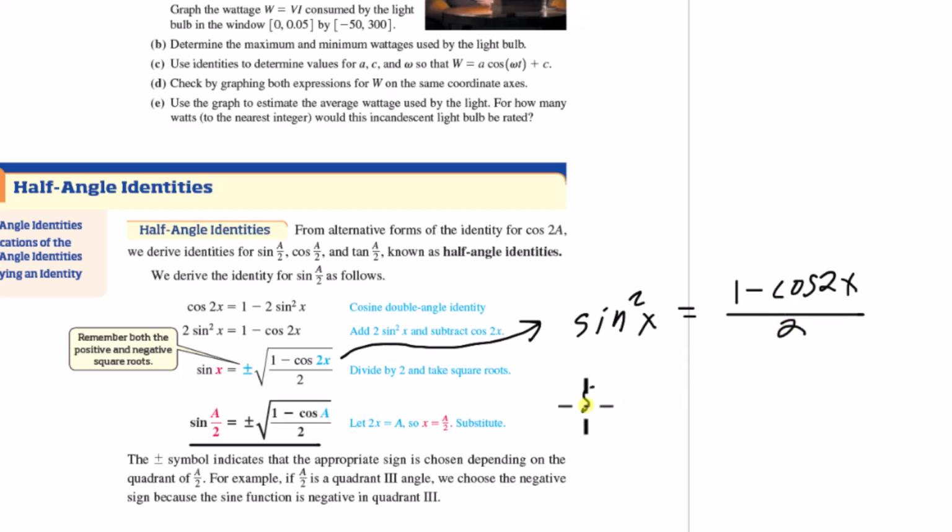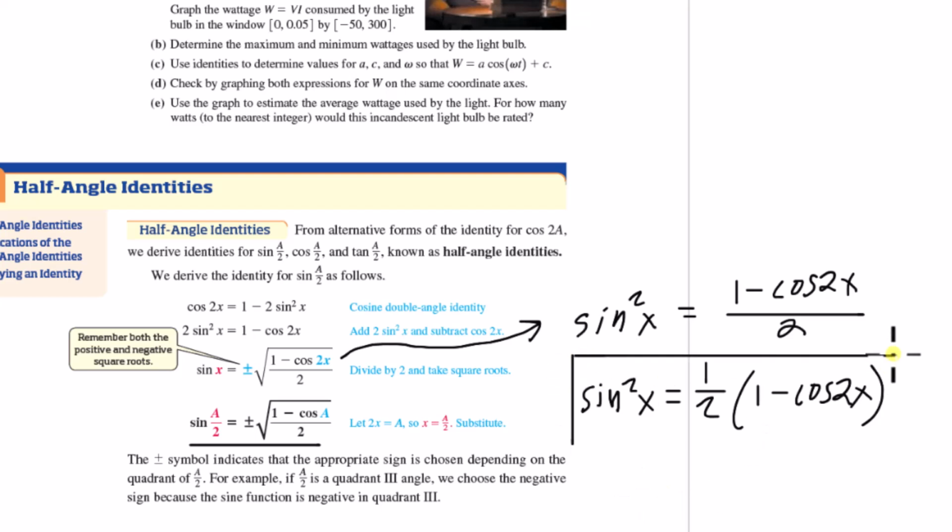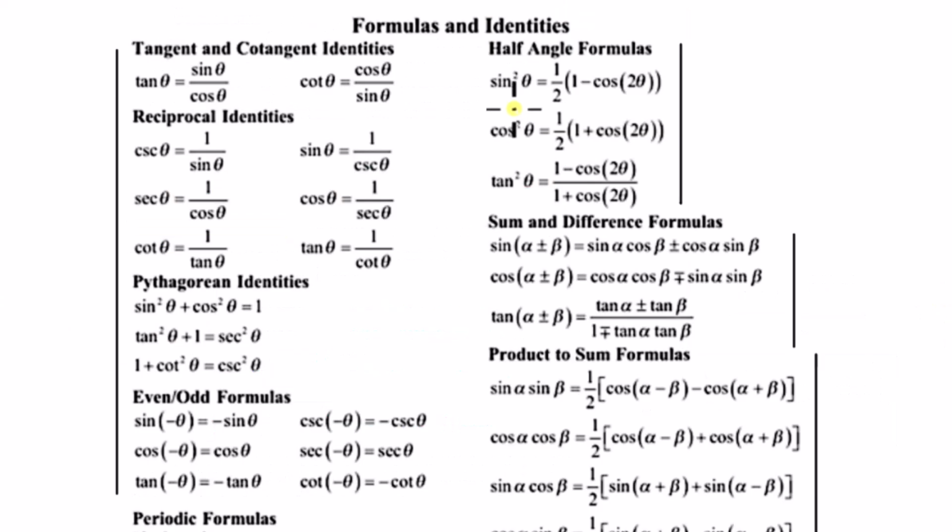Now we can just rewrite this on the right side as 1/2 times 1 minus cosine 2x. And there you go. That's what you'll sometimes see referred to as one of the half angle identities. If we come back here, so sine squared of theta is equal to 1/2 times 1 minus cosine 2 theta.